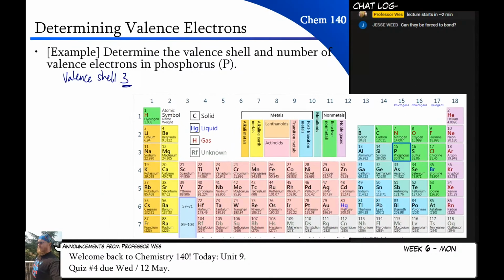And then to figure out the number of valence electrons that it has, we look at the group number. It's in group 15 right here. The ones digit is 5, so there would be 5 valence electrons. So think of it as coordinates. What row is it in? That's the shell level. What column is it in? The ones digit tells you how many valence electrons.